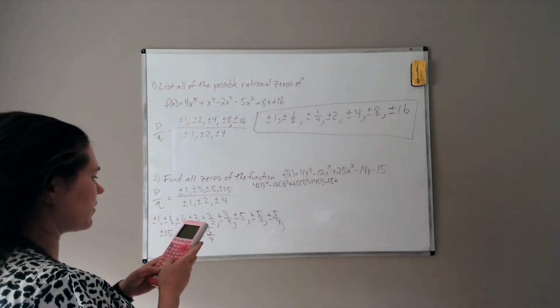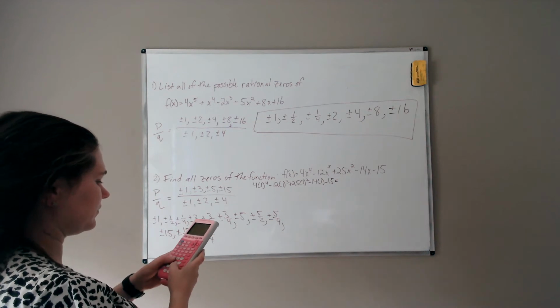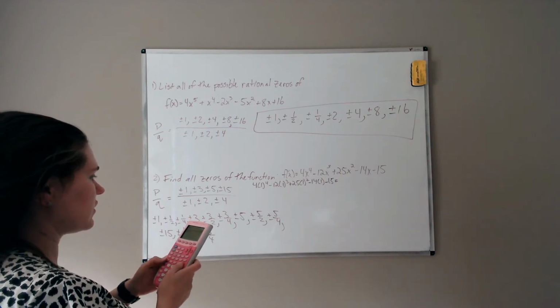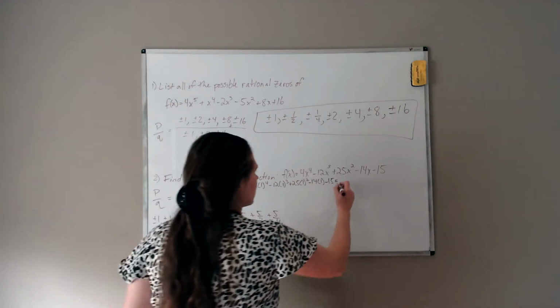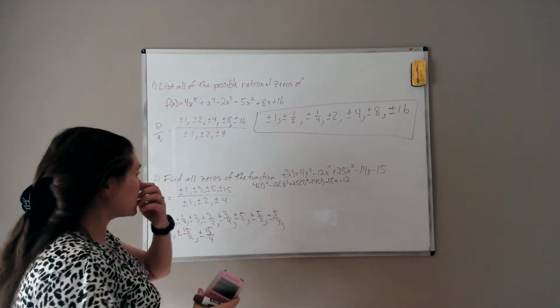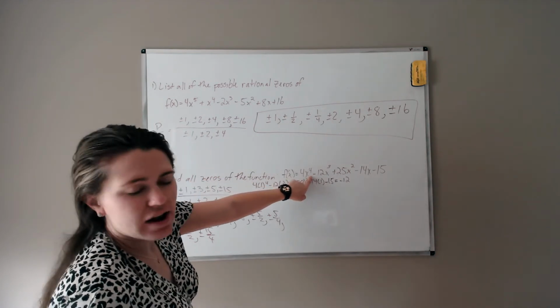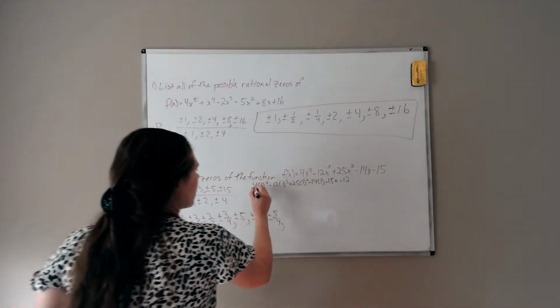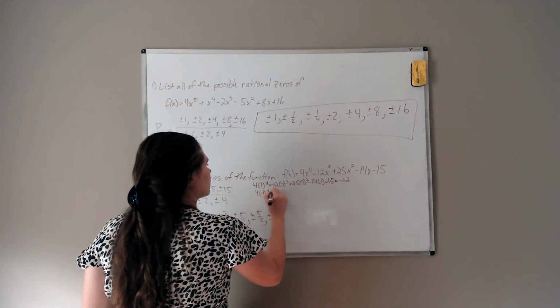Okay, so we can put it right into the calculator. And it's going to give us a value of negative 12. So is positive 1 a zero of this function? No. When you input 1 for x, you do not output 0, you output negative 12. So 1 does not work. So now we'll try negative 1.